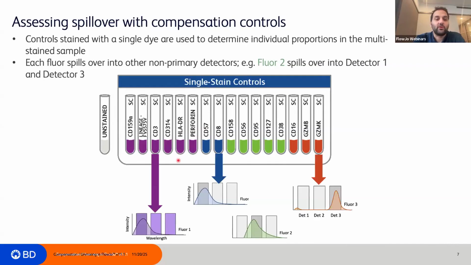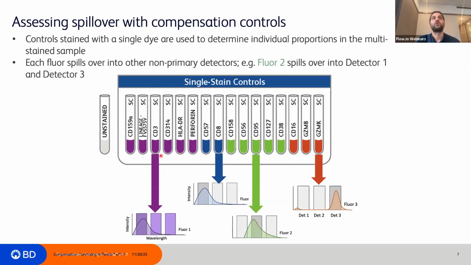And for each one of those, we have a different spectral emission. The cytometer records all of those and then calculates the spectral overlap between all of the detectors on the instrument we're using. You see here we have different contributions.